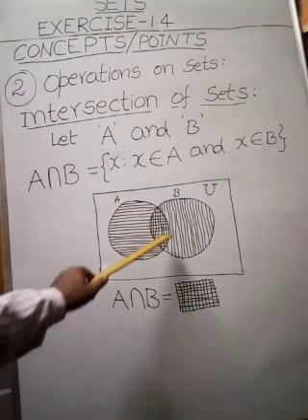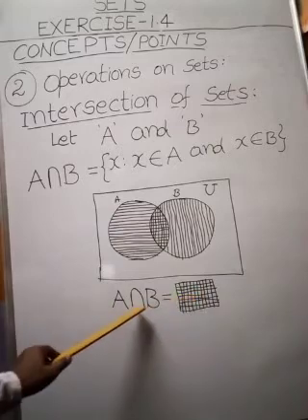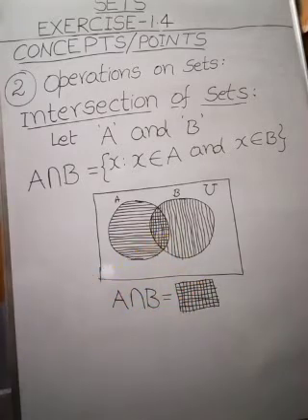Yes. So this shaded region, this common part, denotes the intersection of sets A and B. Understood, my dear children? Now we take an example to understand this concept.